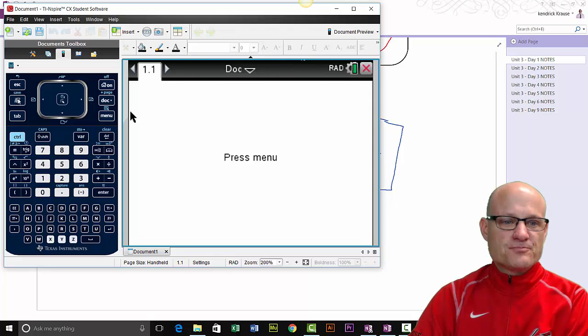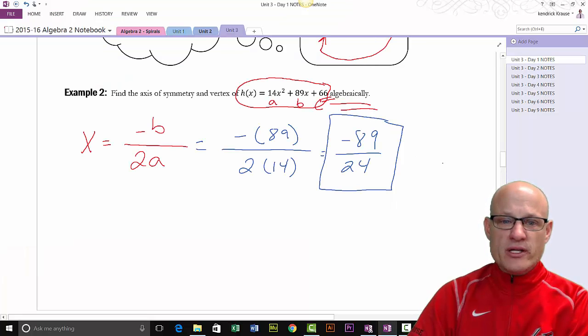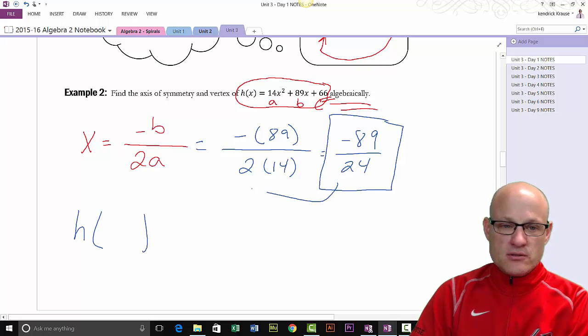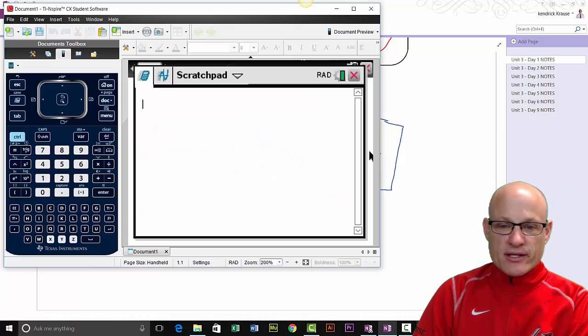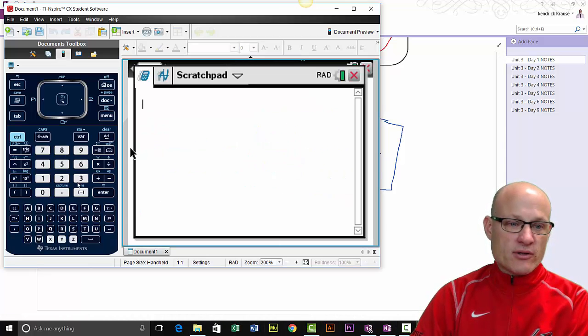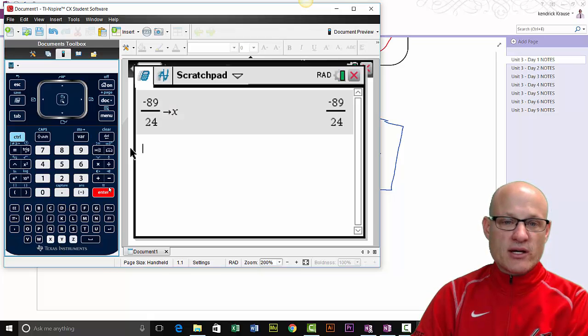All right. So what we need to do now is, what is this, h? We need to do h of negative 89 over 28. Because I like storing things, I'm going to store negative 89 divided by 28 into x, because I don't want to have to type that in 6 times.